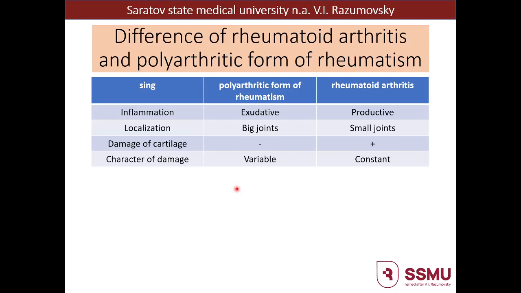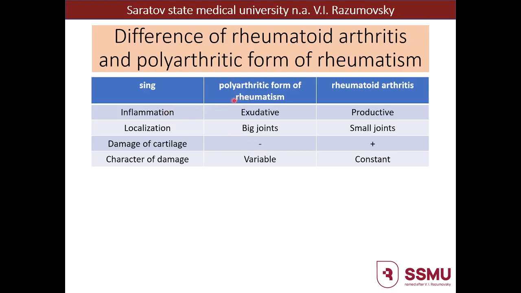Now we discussed two pathological approaches in case of rheumatic diseases which are associated with damage of cartilage and damage of joints. We are rheumatoid arthritis and the polyarthritic form of rheumatism. And in your clinical practice, you should differentiate these pathological processes. So, they have different inflammation, localization, damage of cartilage, and character of damage.